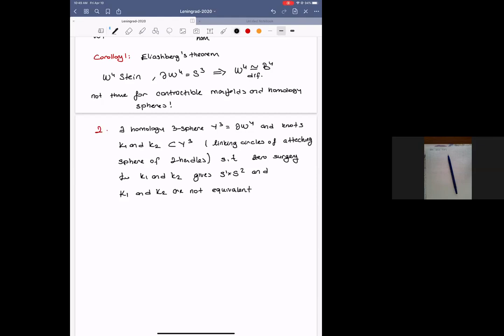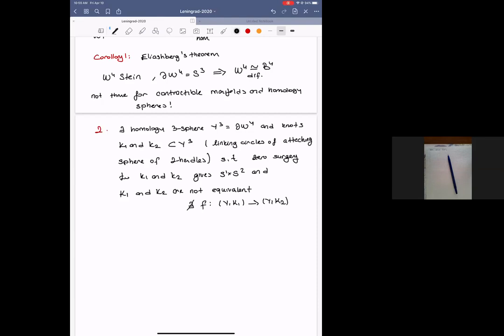Equivalent means something a little different than in S3. In S3, being equivalent is being isotopic. Here, not equivalent means there is no diffeomorphism taking K1 to K2. In general 3-manifolds isotopy is not the case, so instead of isotopy we call it equivalence.